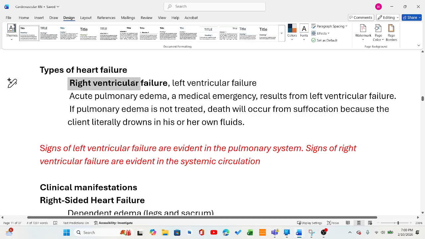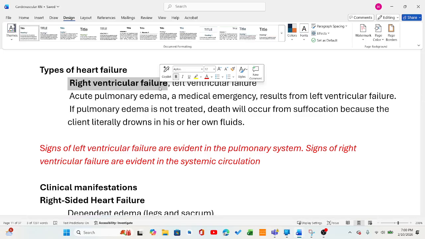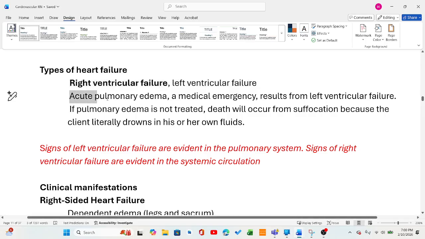All you need to know is that with the right-sided heart failure, the right side of the heart is the one that receives blood from all parts of the body, and then it takes it to the lungs for oxygenation to take place. So when you have a right-sided heart failure, it means that the right ventricle is not pumping to take the blood to the lungs for oxygenation.